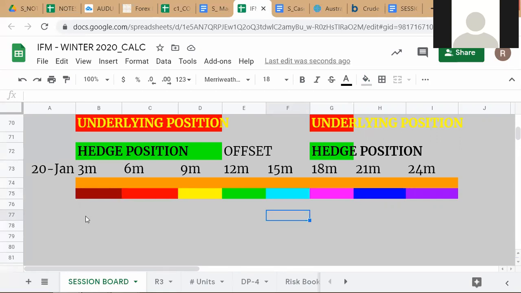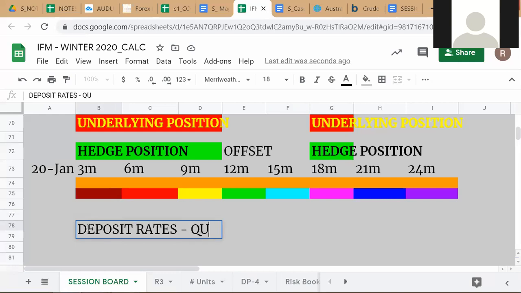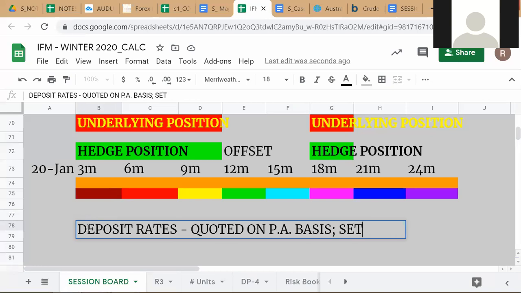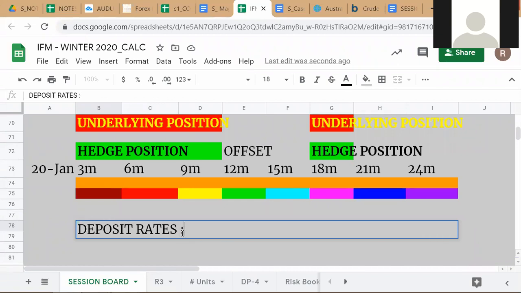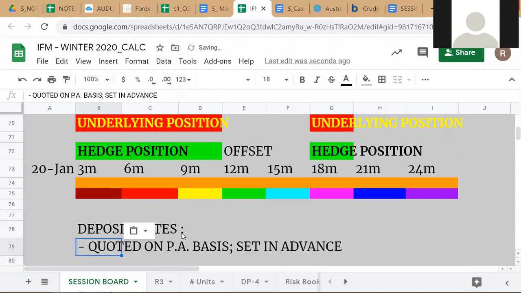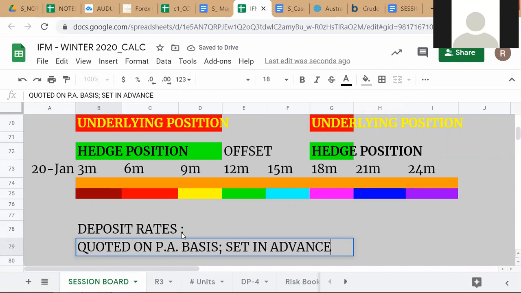So for all deposit rates, we say that they are quoted on a per annum basis.